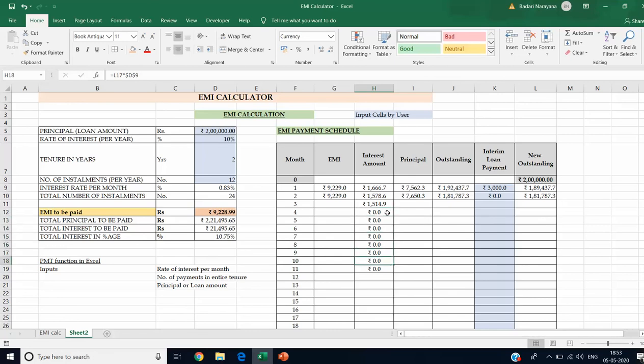That's the advantage of writing this dollar, because every time it has to take interest from the same particular cell.